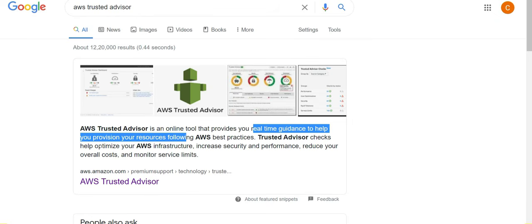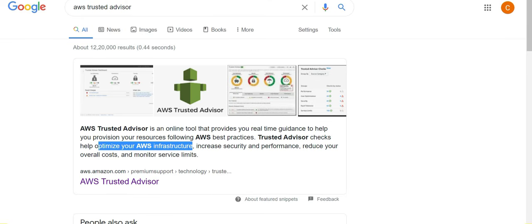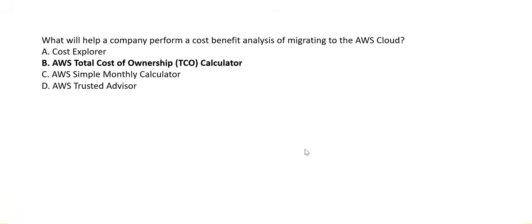What it does is it provides checks to optimize your AWS infrastructure, increase security and performance, and reduce your overall cost and monitor service limits. It's a very different purpose. It will not give you an estimate of on-premises versus cloud. Hence here option B is the correct answer.